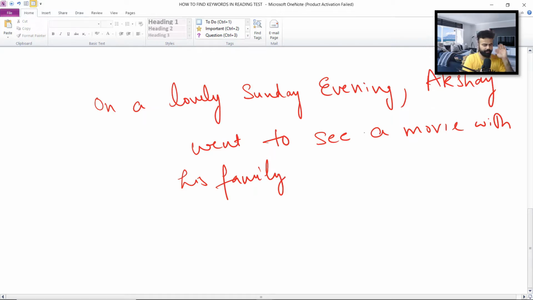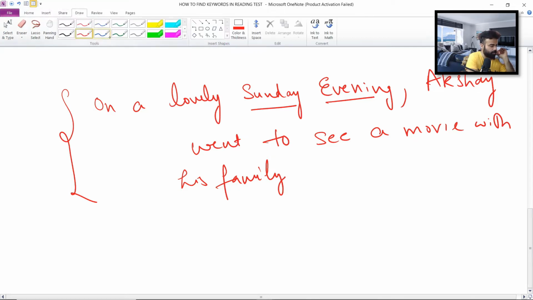So we have this statement. Now if we have to highlight only focus keywords here, what are those going to be? Just try to anticipate what are those words that would add 80% meaning to a sentence. Sunday evening, what are the most important words in this statement? Akshay, movie, or you can underline this as well, Akshay went movie, family, or with family.